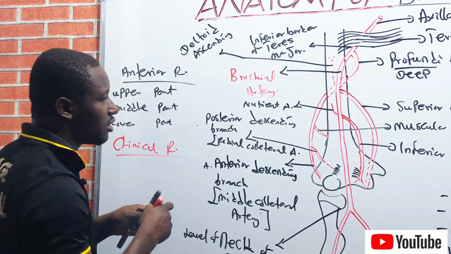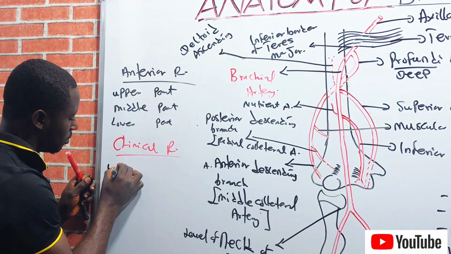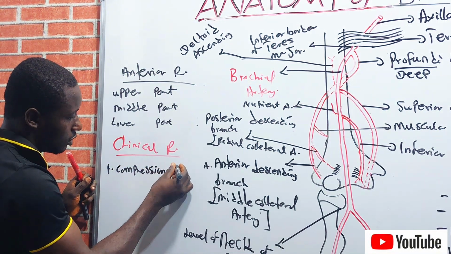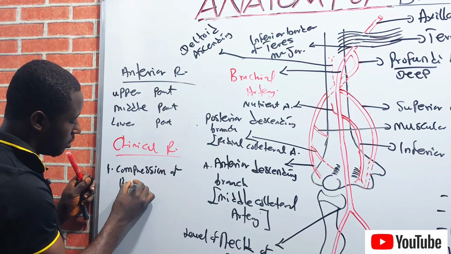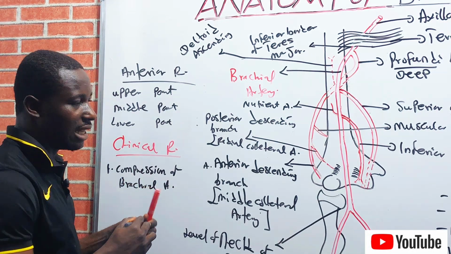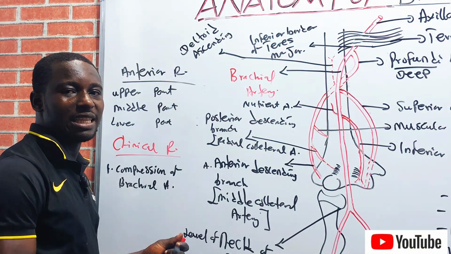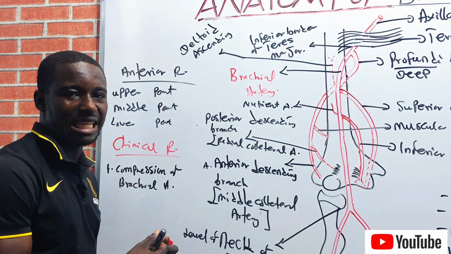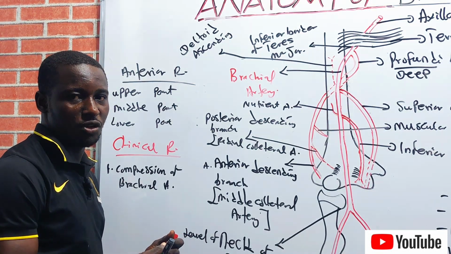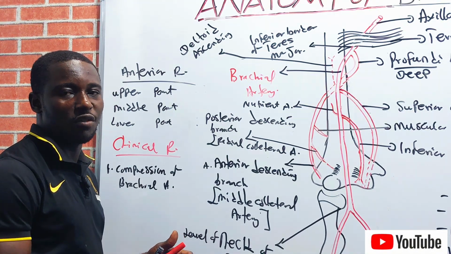On the clinical relevance of the brachial artery, we have number one, compression of brachial artery. Brachial artery compression is done at the level of the mid shaft of the humerus, that is, at the point of insertion of the coracobrachialis. The brachial artery can be compressed at that region to stop any hemorrhage of the upper limb.